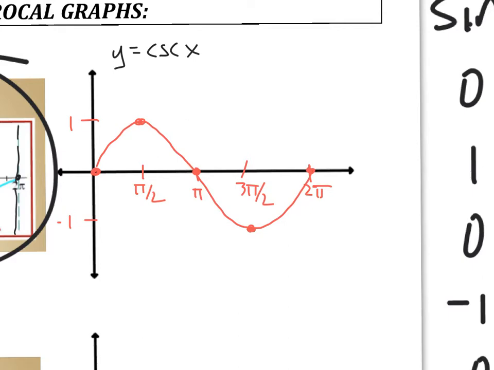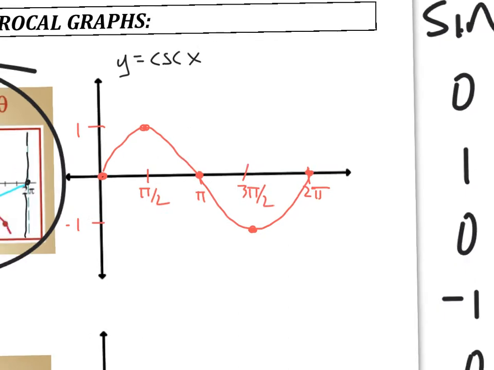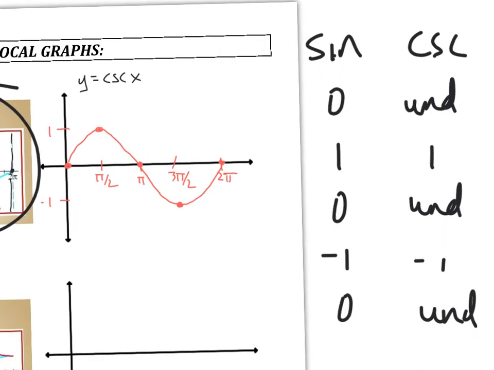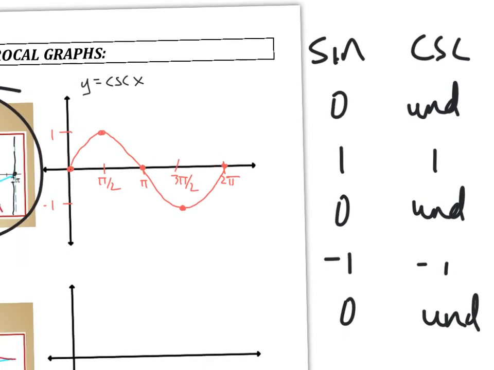Based upon what we just said, over here on the right, we said 0, the reciprocal of it is undefined, so it becomes an asymptote. So now our y-axis is an asymptote. Pi now becomes an asymptote. 2 pi now becomes an asymptote.